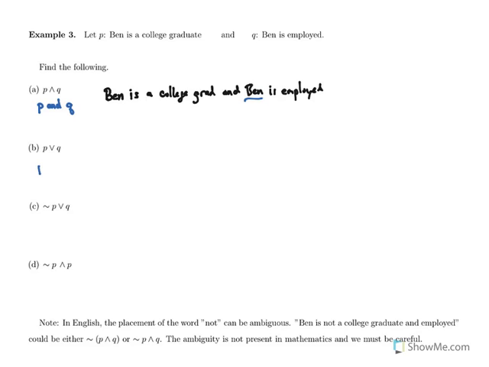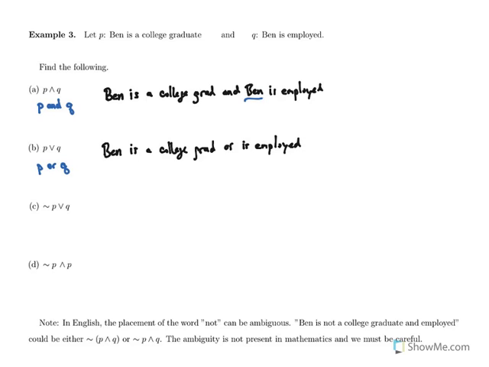The next one is P or Q. That is that Ben is a college grad or is employed. And here I dropped the Ben in that second statement, which is fine.